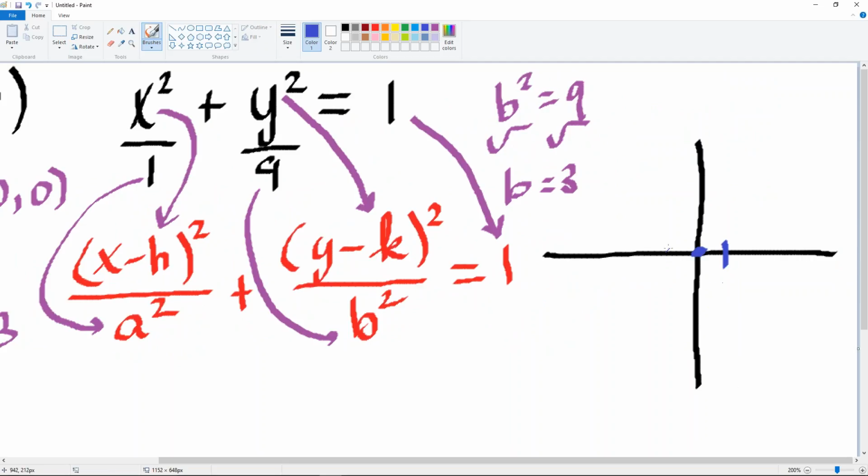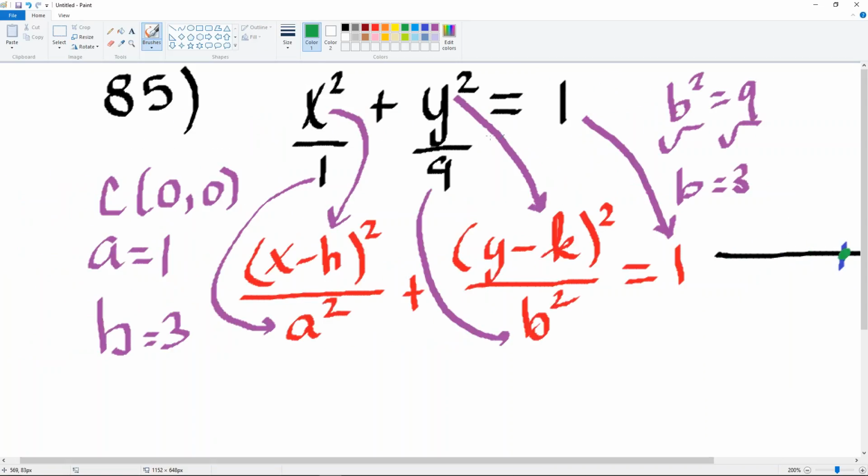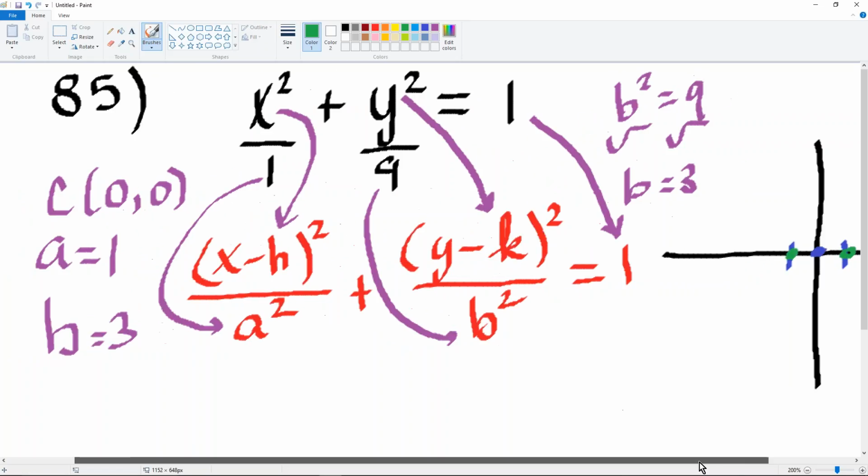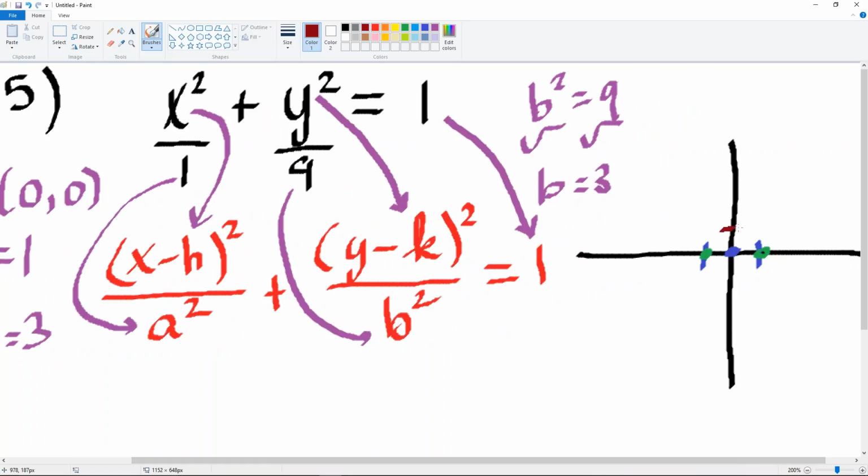Here's 1, and here's 1 on both sides. Now b is under what letter? y. So that means you're going to move 3 units up and 3 units down on the y-axis. So 1, 2, 3. There goes my point. 1, 2, 3. There goes my point. And your ellipse naturally happens. An ellipse is a fancy word for oval.